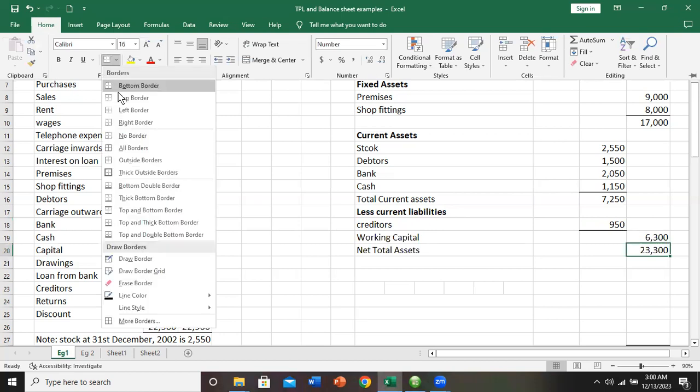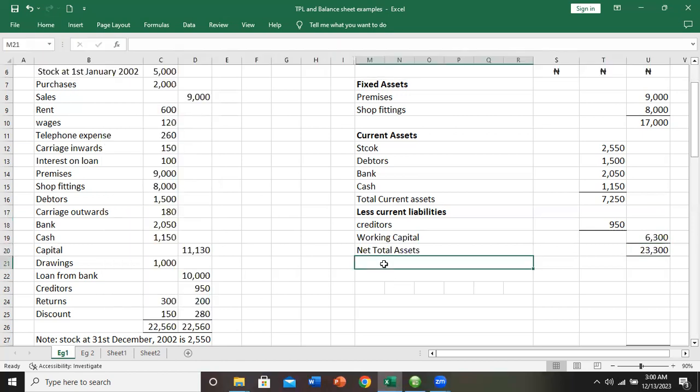So after that, you are left with your capital and then long-term liabilities, which is under the section where we begin with the financed by. Then you bring in your capital. So how much capital do we have in this question? 11,130. And as per the format, you have to adjust your net profit and drawings. So you check the question for drawings. The net profit is what you have already calculated in your profit and loss account. So let's list the drawings.